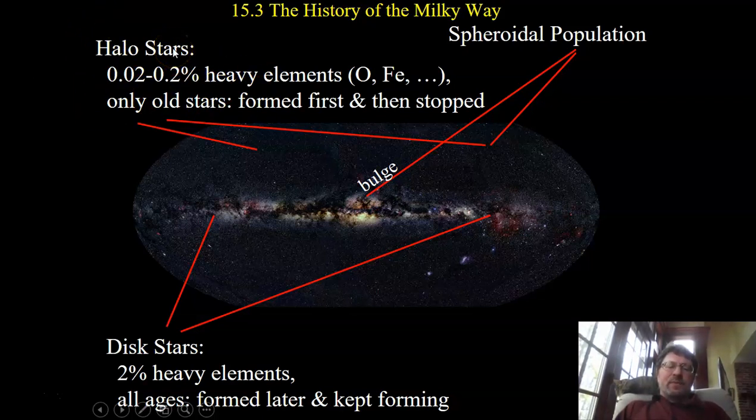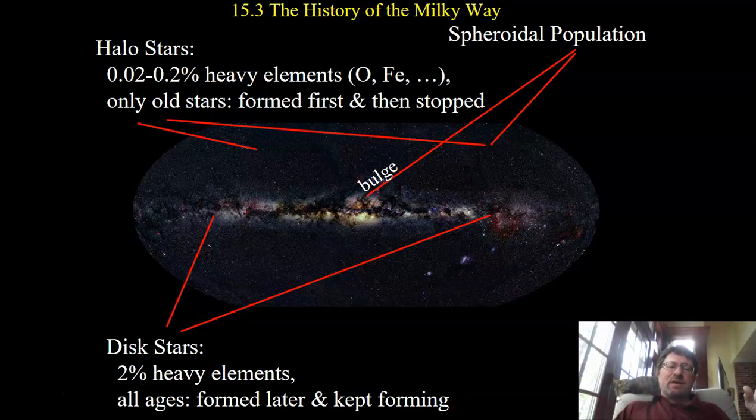The halo stars, they are older. Many of them are in globular clusters that are 10 billion years old or older. And so, being some of the oldest stars in the galaxy and really in the universe, these globular cluster stars have lower metal abundances.